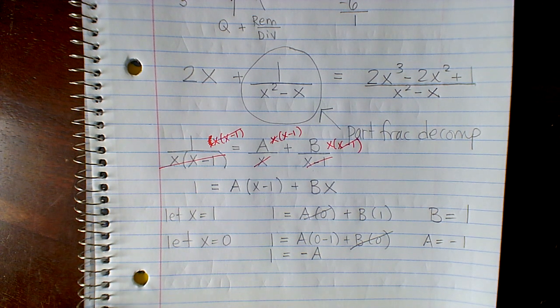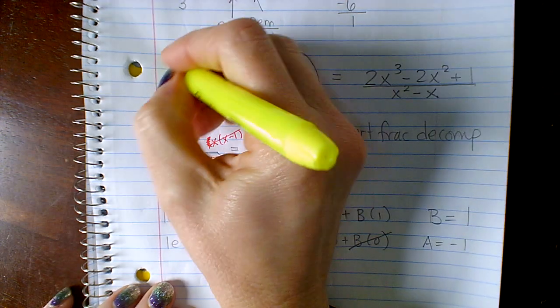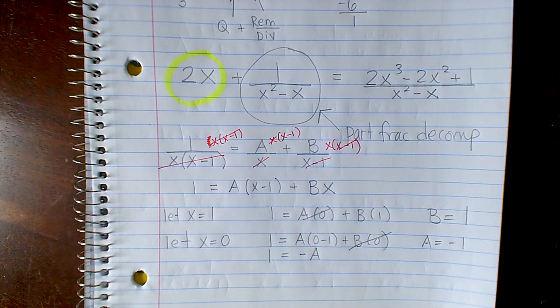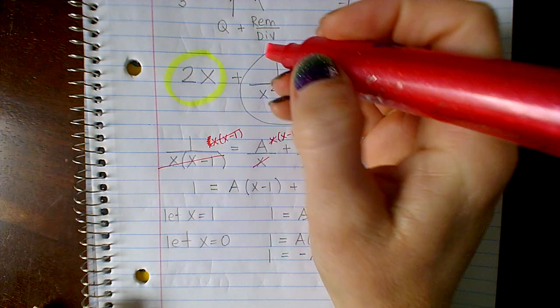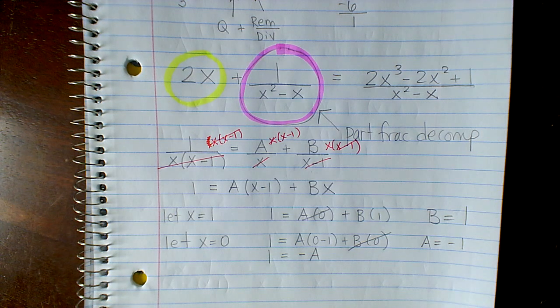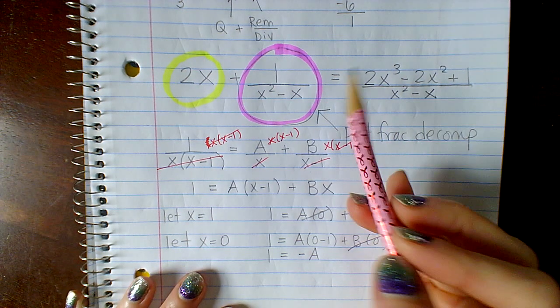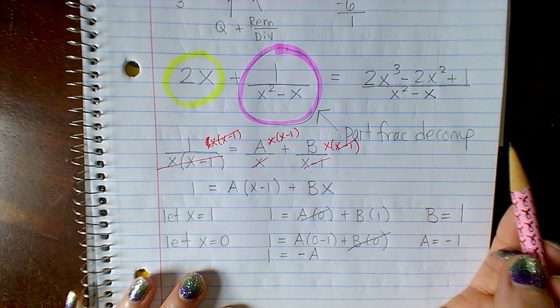Okay, so my original rational function, I had this quotient, let's not forget about that, and then I had this rational function. Both of these together made up my original rational function.